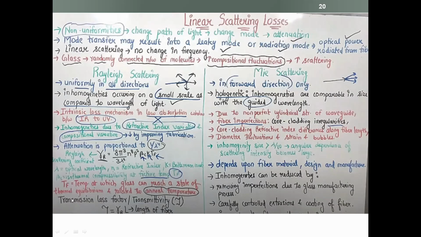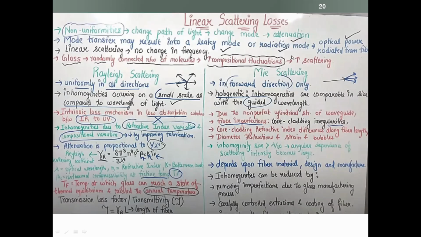And finally, we have the transmission loss factor or transmittivity tau, which is given by gamma r multiplied by length. So this is what Rayleigh scattering is, and Mie scattering can be reduced by removing imperfection, increasing delta, or coating the fiber. We can increase the difference of refractive indices, and hence Mie scattering can be reduced. So this is what you need to remember.